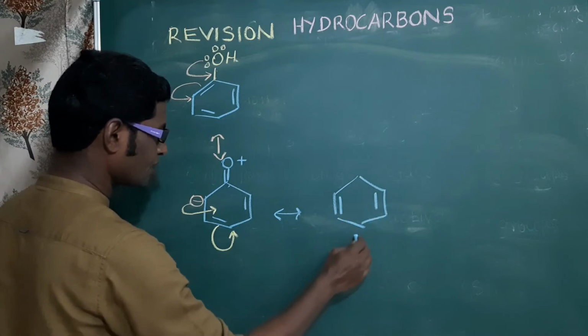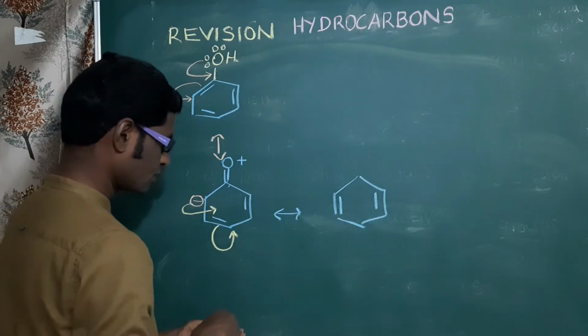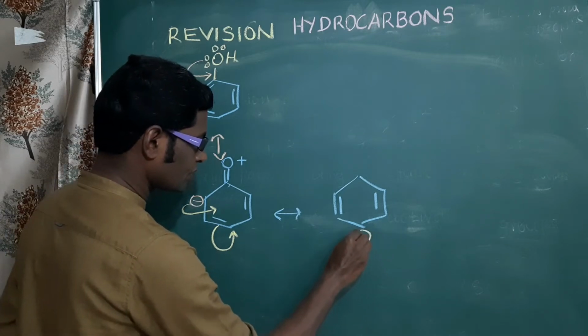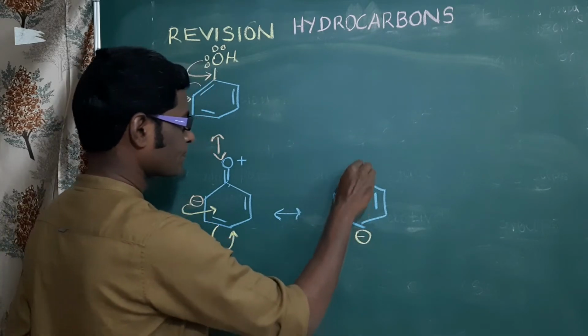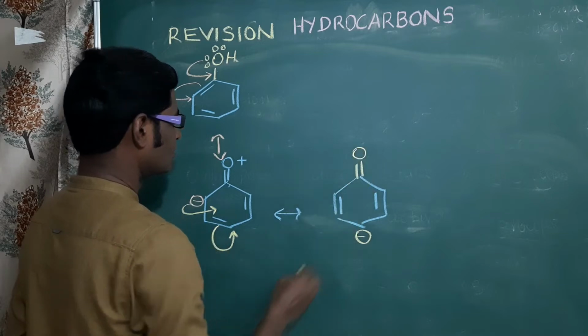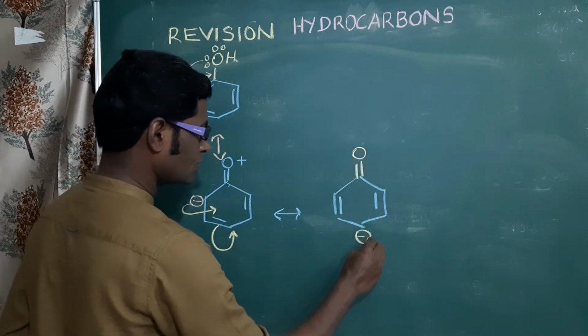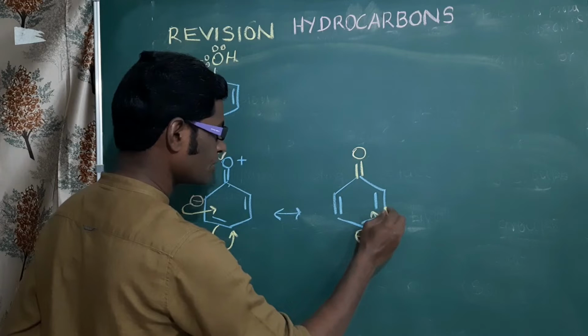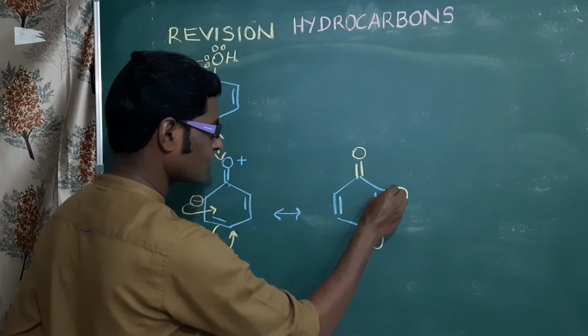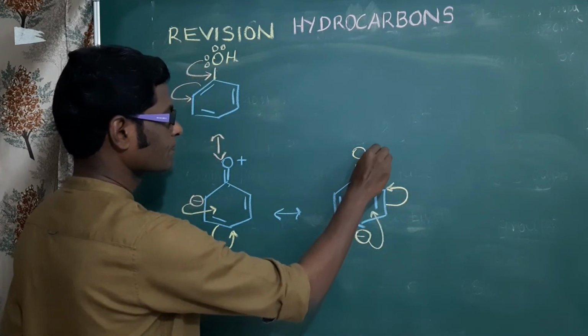Now two pi electrons in the benzene ring, one electron on the para position, double bond O. Then this electron shifted towards the neighbor carbon atom. This electron will stay again on the ortho position.